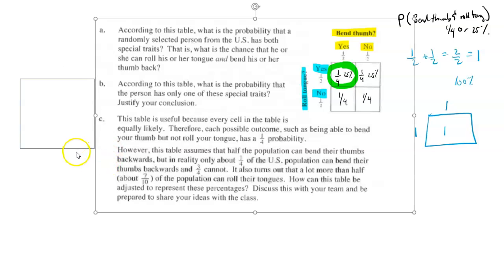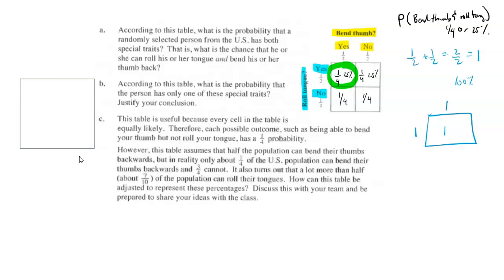Again, I'm just going to say thumb at the top, and I still have two possibilities, yes and no. But this time, the ability to bend the thumb backwards is only 1/4, which means there are 3/4 that cannot. I put 3/4 right here, and notice that 1/4 plus 3/4 again equals 1.